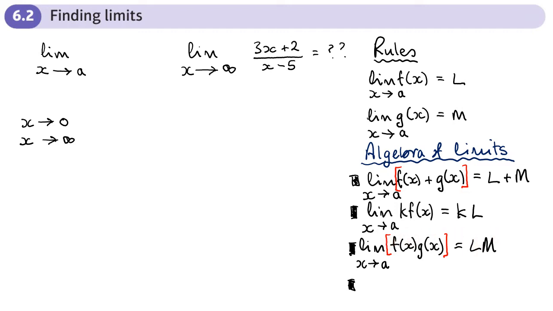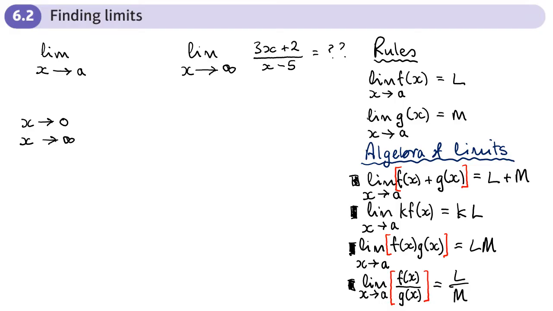Then the last one, the only thing that's missing is the division rule. So I have the limit as x tends to a of one function divided by the other, like that. Well, that's going to be actually the limits divided by each other.